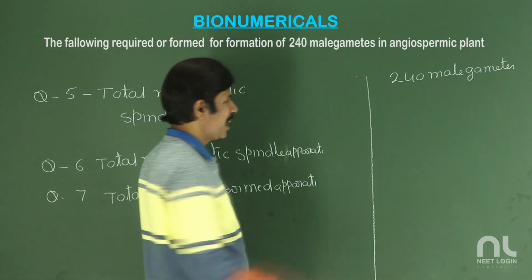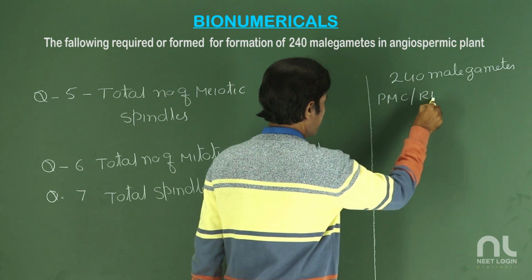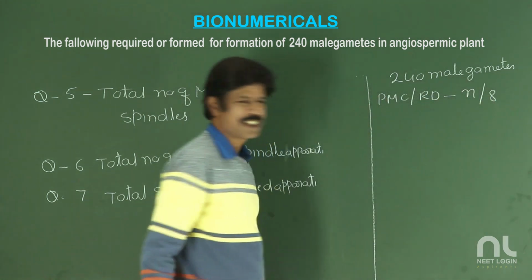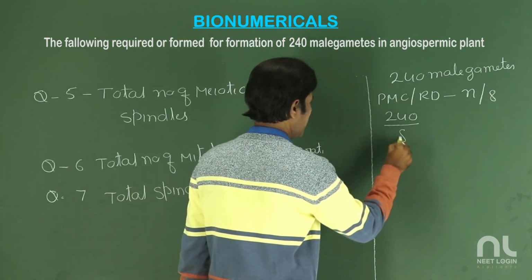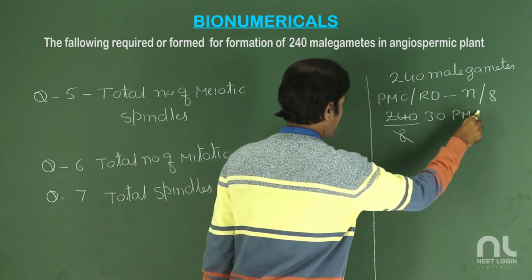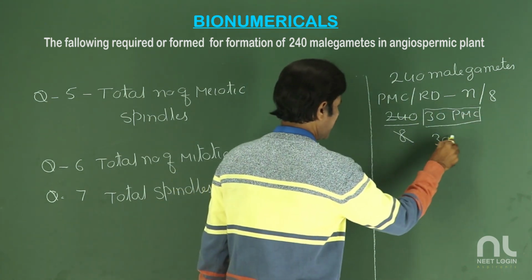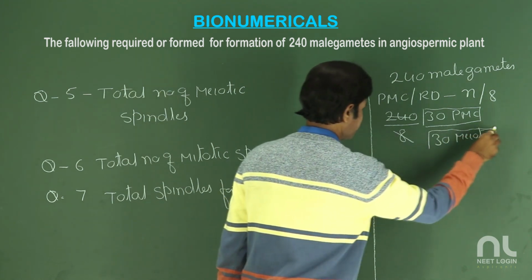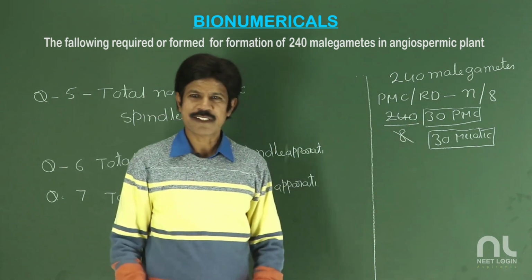For 240 male gametes, for pollen mother cells or reduction divisions, the principle is n by 8. 240 by 8 is 30 pollen mother cells, 30 meiotic divisions. For 240 male gametes, 30 pollen mother cells, 30 meiotic divisions.